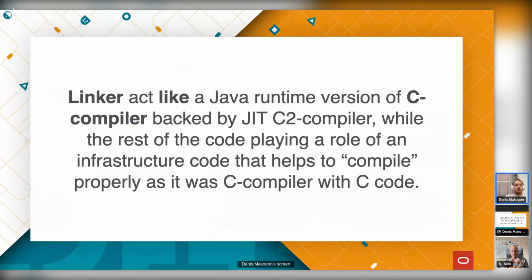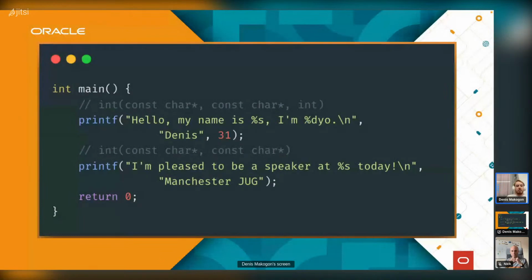Let me explain this in detail. Let's look at a simple C application on the slide. We all know that variadic functions and methods exist in Java, but in C they are different.